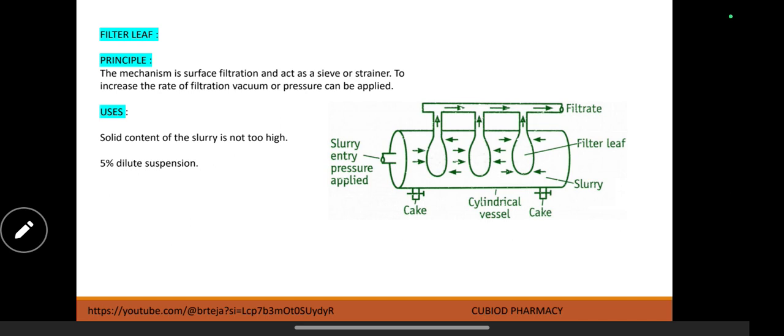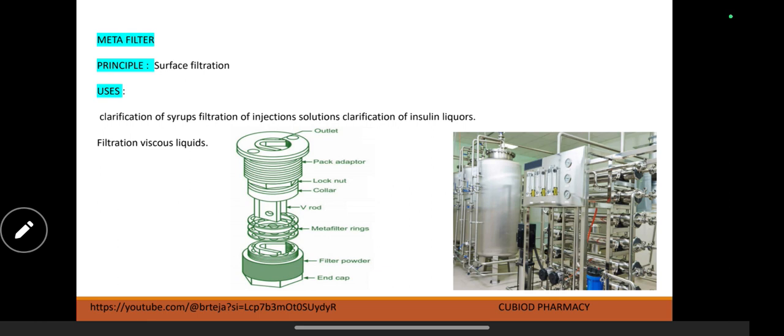This is called filter leaf. Next instrument, meta filter. Principle: surface filtration. Uses: clarification of syrups, filtration of injection solutions, clarification of insulin liquids, filtration of viscous liquids. This is called meta filter.